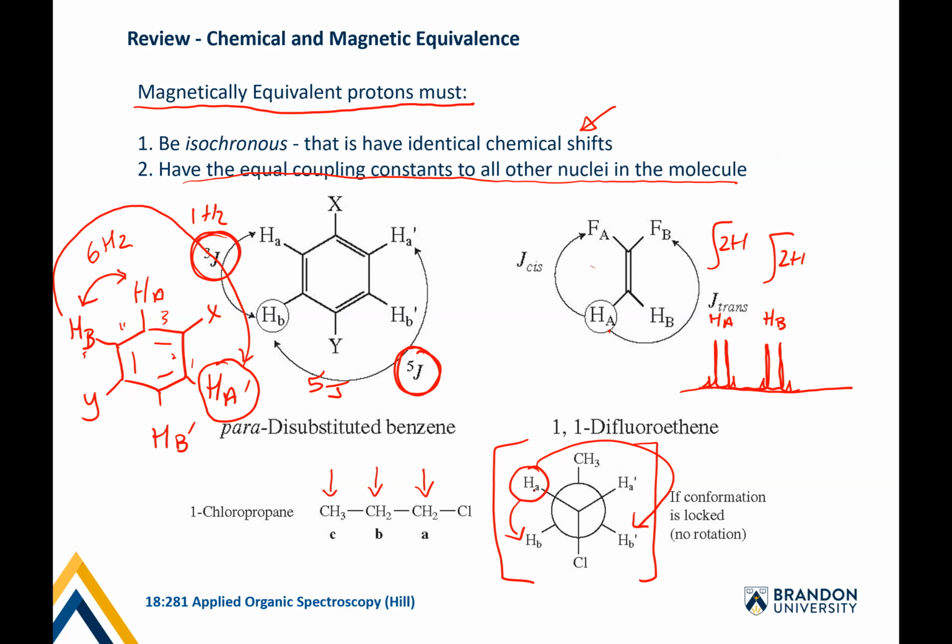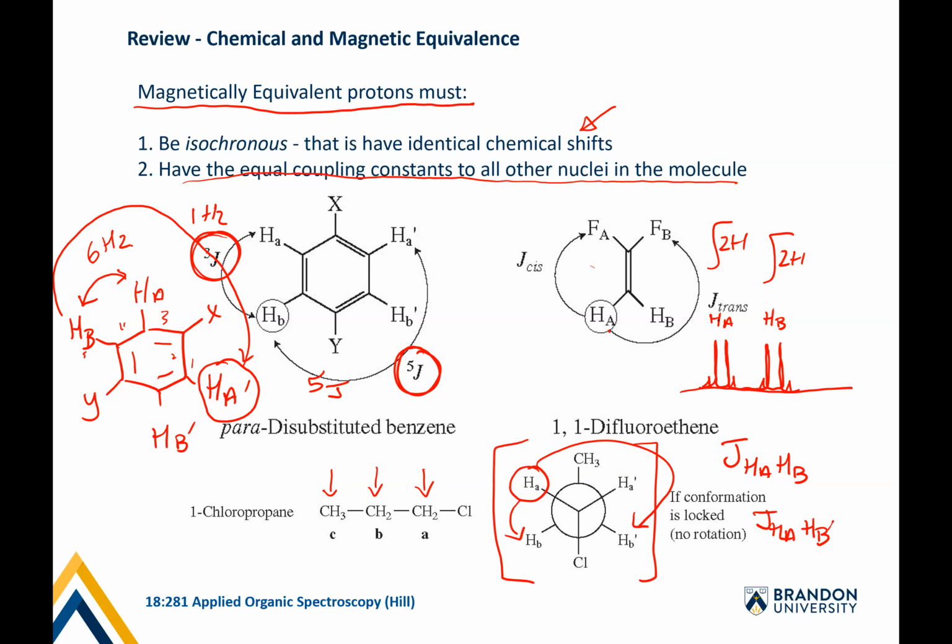So question, which coupling constant should be bigger, the J HA HB or the J HA HB primed? Which one should be bigger? Right.